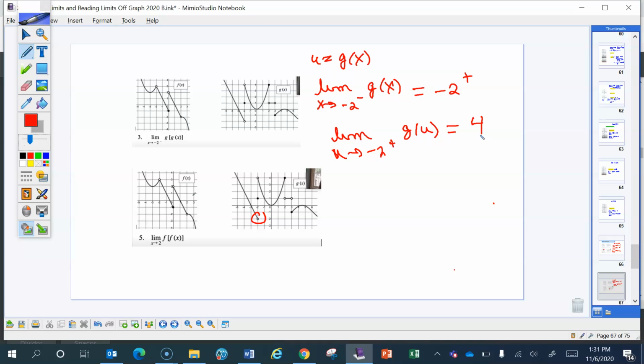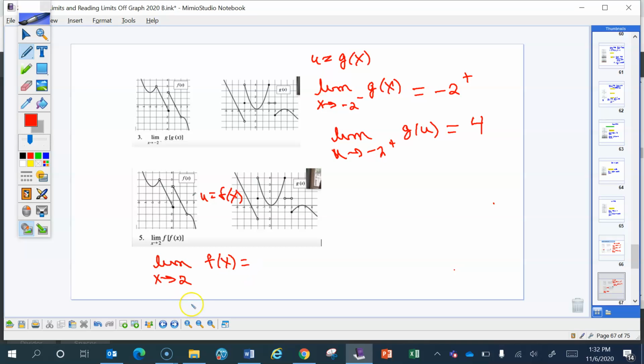Okay, we might as well do the last one together as well. In the last example, we have the limit as x approaches 2 of f of x. So again, I'm going to let u equal f of x. I'll make a later substitution. So right now, let's do the limit as x approaches 2 of function f of x.